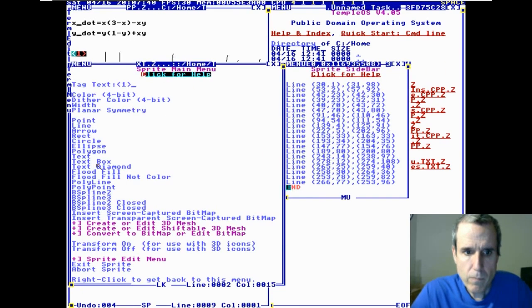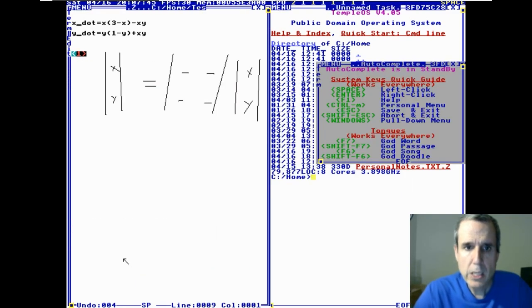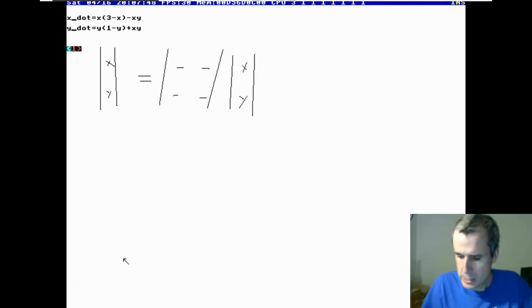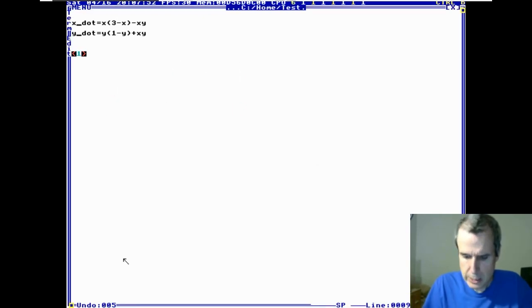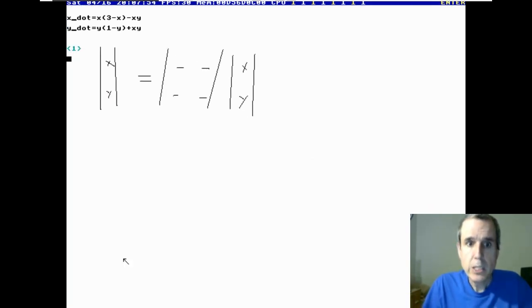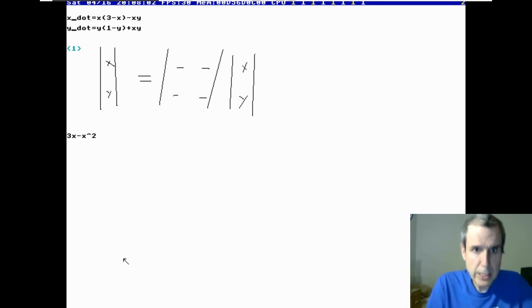Okay, so the partial of x dot with respect to x. What do we have? We have 3x minus x squared minus xy. So the partial with respect to x is 3 minus 2x minus y. The partial of x dot with respect to y is minus x.